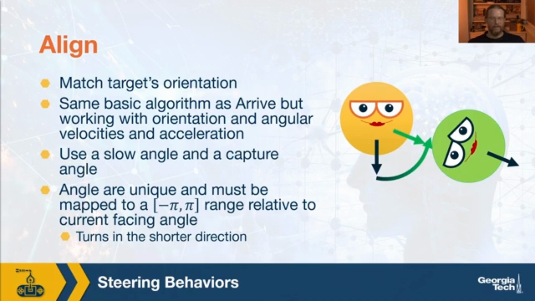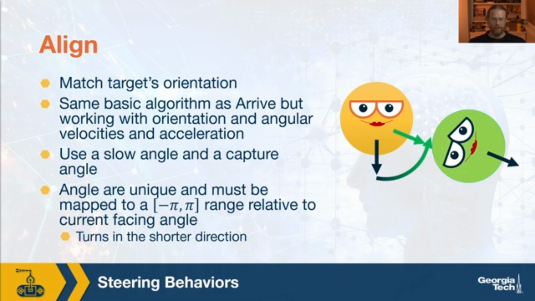The concept's very, very similar, but where things get a lot different is that angles, when you rotate around a full 360 degrees, you start over again. So we actually define our angles as negative pi to pi relative to the current facing angle of the agent. So wherever the agent is looking forward, we can rotate negative pi or pi to get to the opposite facing direction.